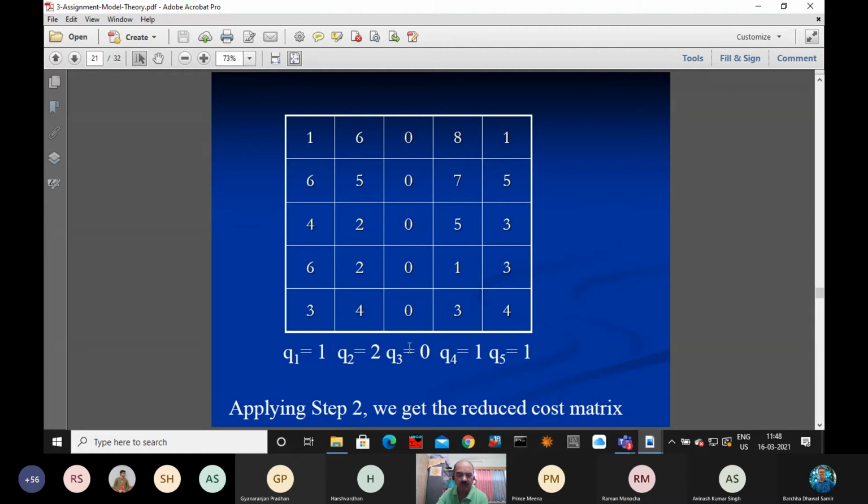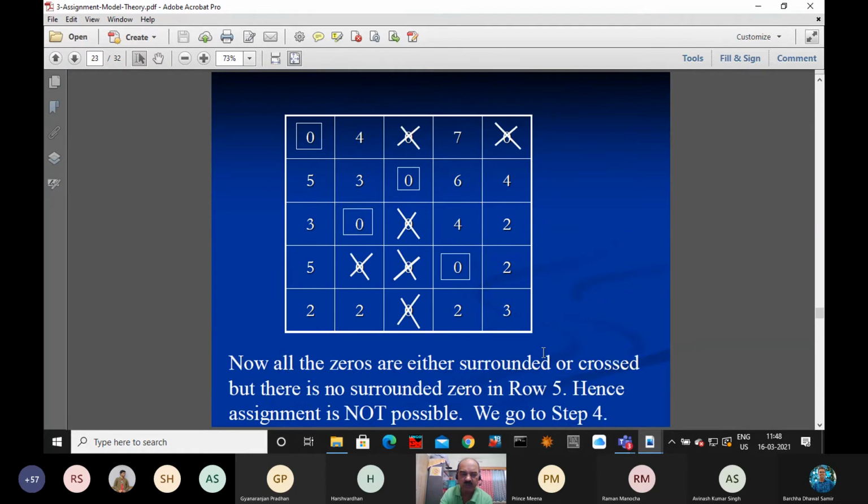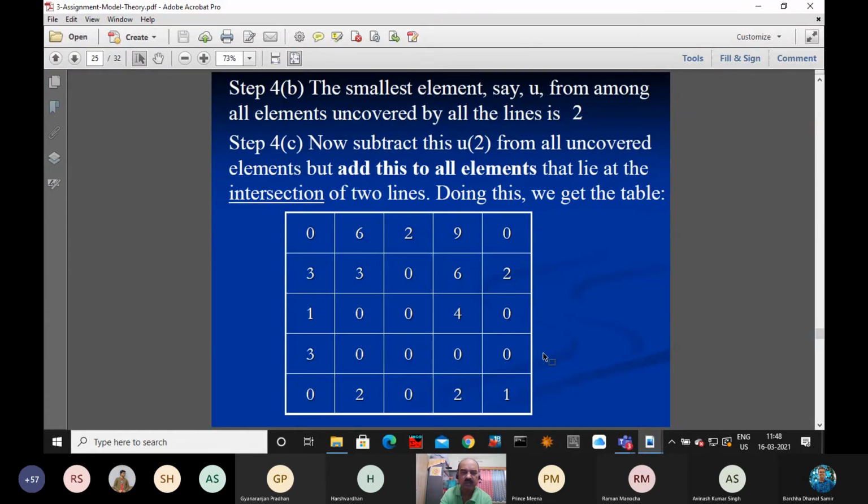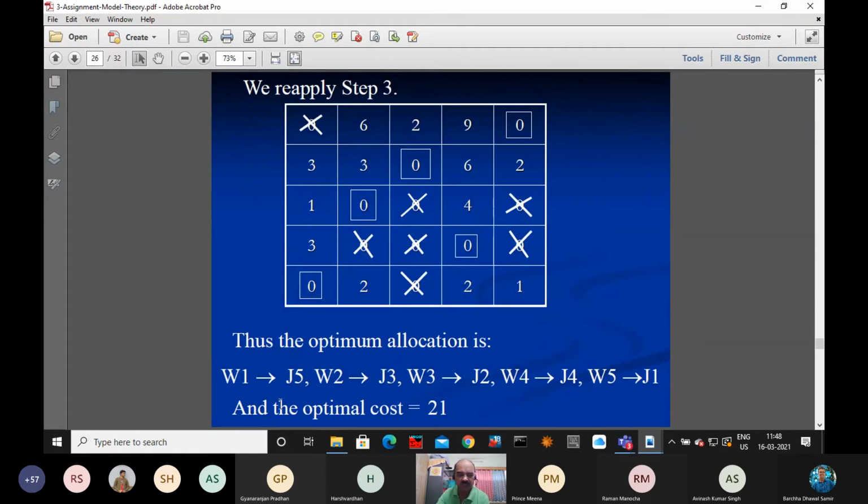Then we have 1, 15, plus 2, 17, plus 2, 19. This 19 plus whatever we are adding, that is the uncovered one, that is 2. So 19 plus 2 is 21. So the optimal cost is equal to 21.